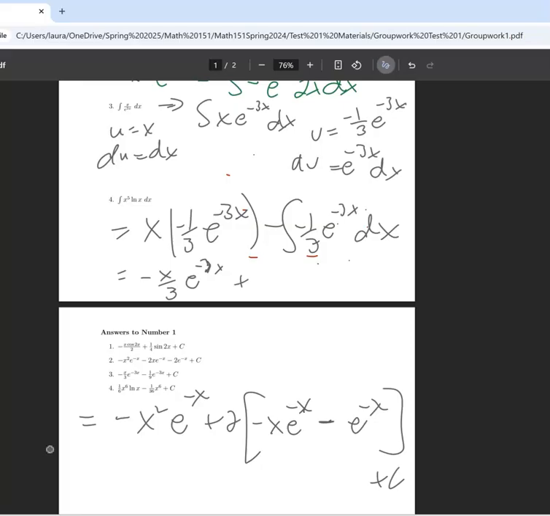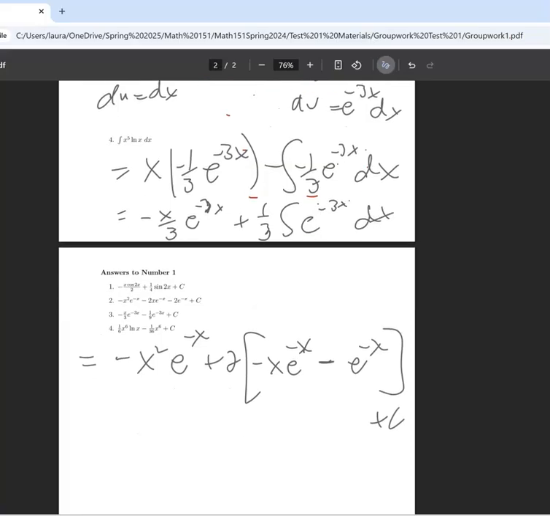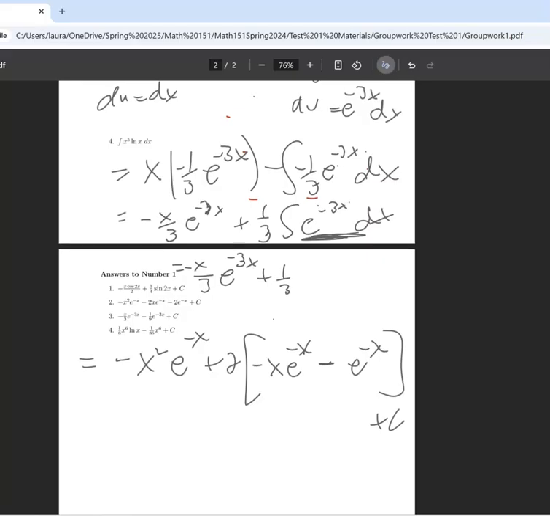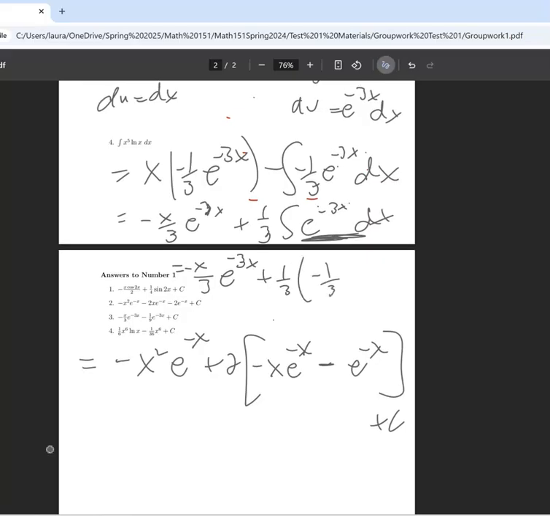So this gives me a positive 1/3. And then I still have this e to the negative 3x dx. So this just carries along, this negative x over 3, e to the negative 3x. And I carry this positive 1/3 along. And then when I take the antiderivative of this, that gives me another negative 1/3 e to the negative 3x plus a c.